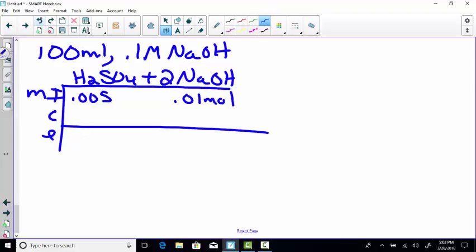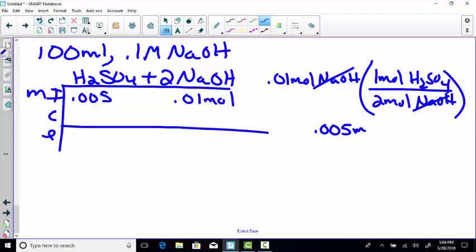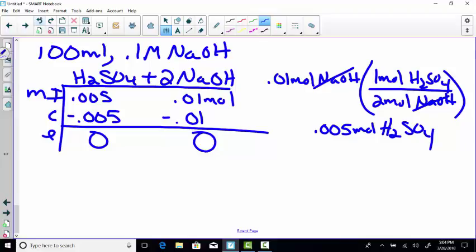Ooh, this becomes interesting. Okay, because now I have my 0.01 moles of NaOH times my 1 mole of H2SO4 to 2 moles of NaOH, my 1-to-2 mole ratio, which doing this math means we come out at 0.005 moles of H2SO4. So this is all going to decrease and go to 0, and this is all going to decrease and go to 0.